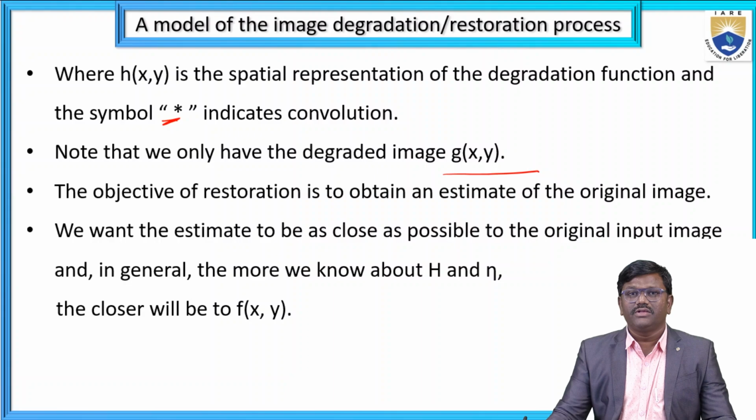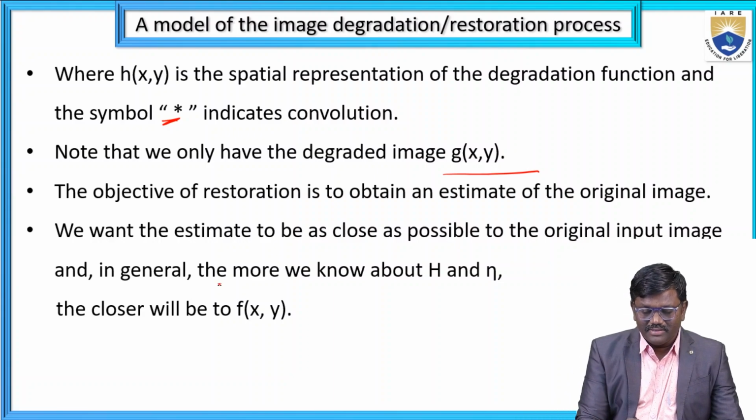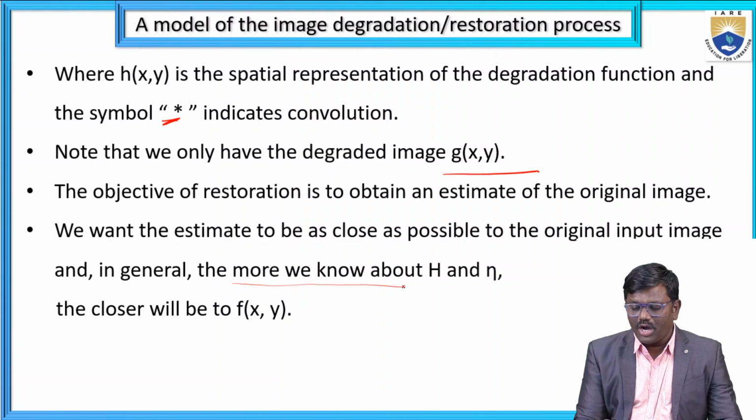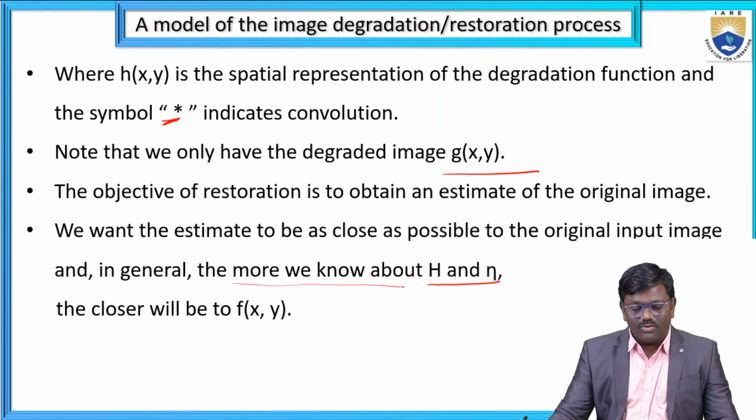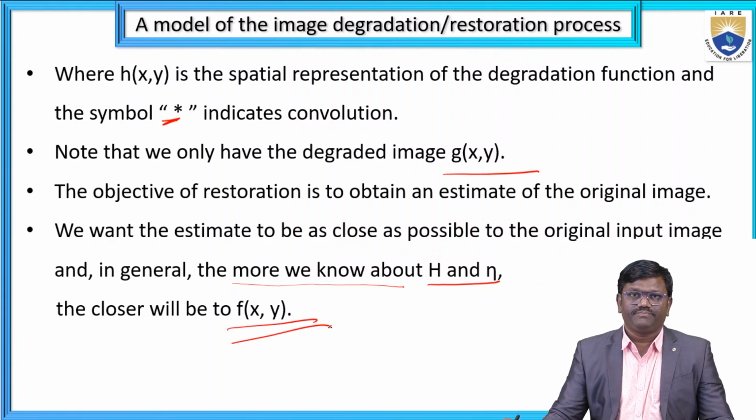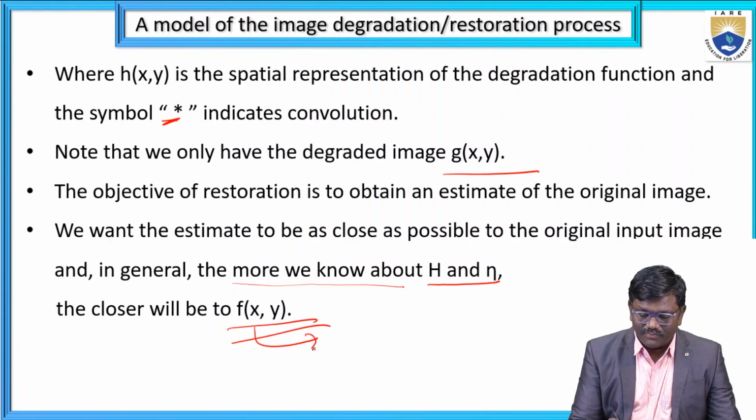The objective of restoration is to obtain an estimate of the original image. We want the estimate to be as close as possible to the original input image. In general, the more we know about h and eta, the closer the estimate will be to f of x comma y, which is the original function.